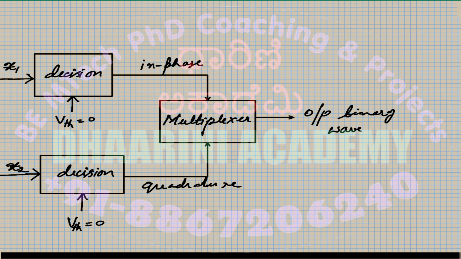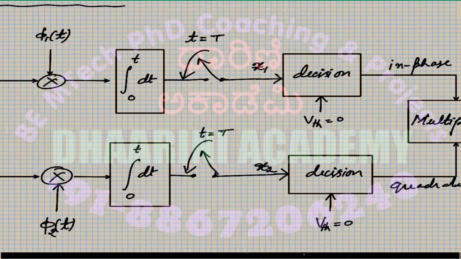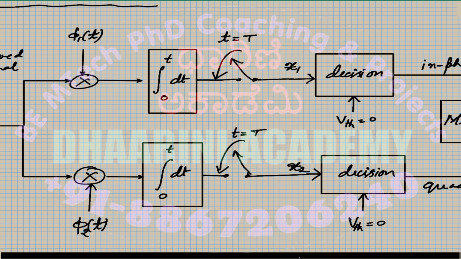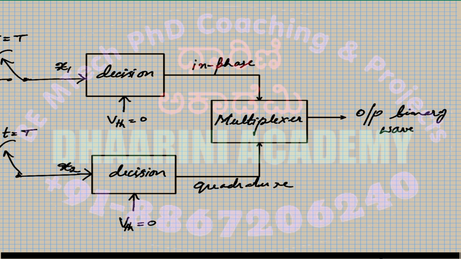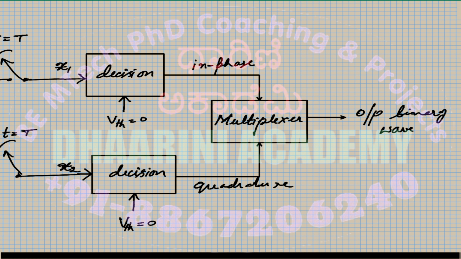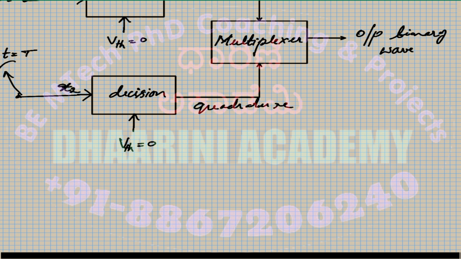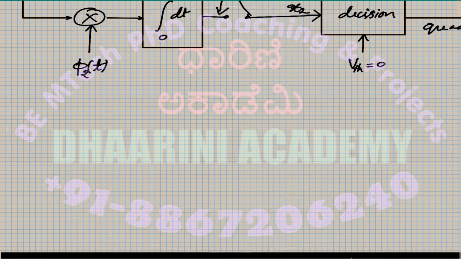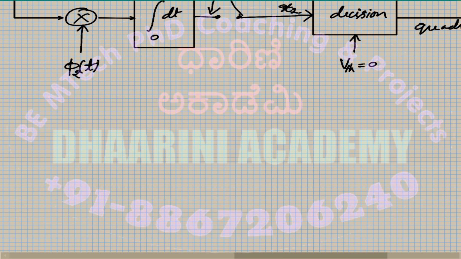So this is the required basic block diagram of the QPSK receiver or demodulator. Like any of the digital modulation techniques, this particular technique also has a probability of error associated with receiving a 1 or 0, right?